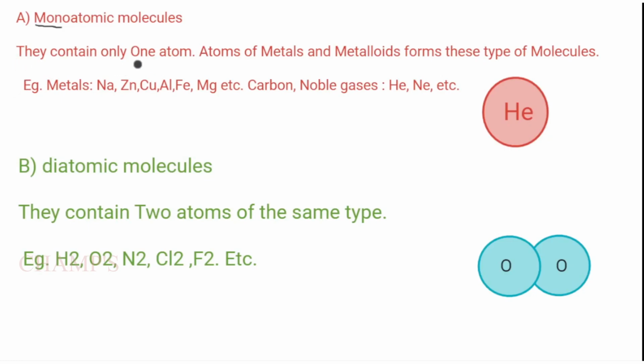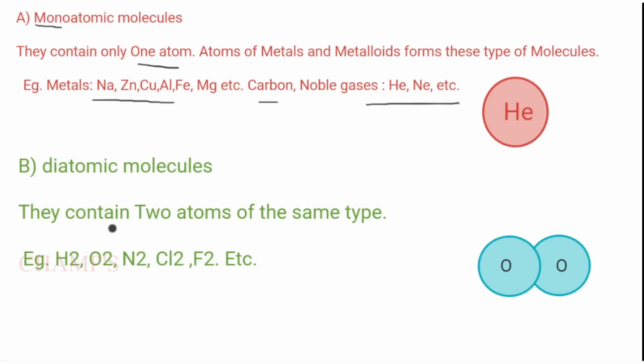They contain only one atom. So who will come in that? All the noble gases, that is your inert gases, will be there. Your metals will be there. Carbon is there. So these elements show monoatomicity, that is, their atom can stay independently in nature.